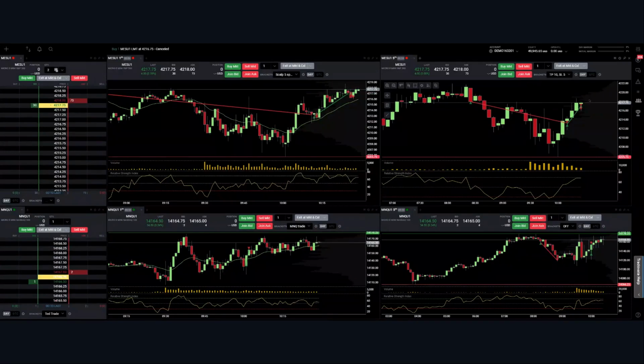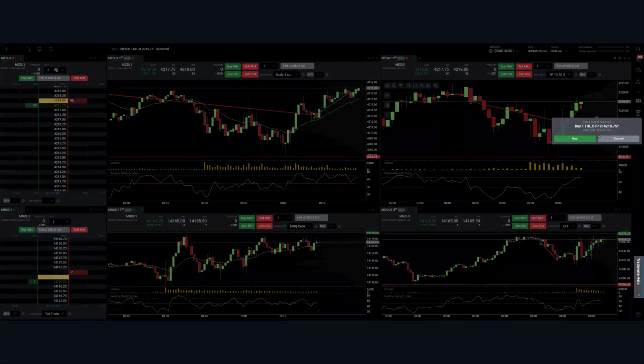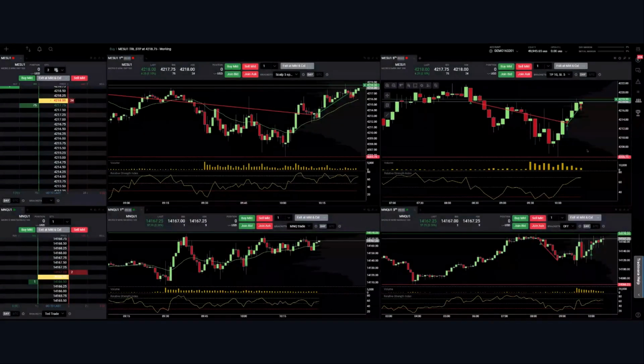Okay, let's use a different type of order here. Let's use a buy stop at that level here. So this should get filled here. So I'm using a buy stop now rather than limit. But since we have the bracket on, it should execute once it, okay.